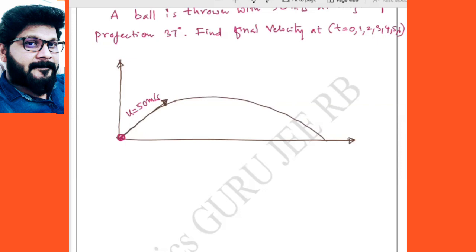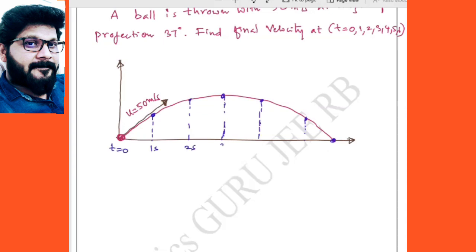Let me take one more point here, 1, next 2, 3. Now this is 1 second, 2 seconds, 3 seconds, 4 seconds, 5 seconds, and the 6th second, right?